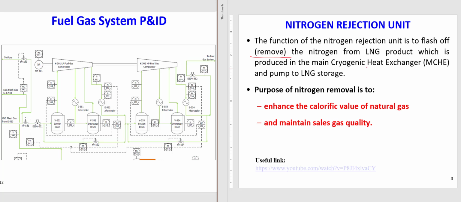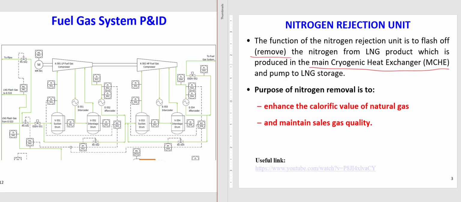So we have our LNG products coming from the main cryogenic heat exchanger. This unit, the nitrogen rejection unit, is located after the MCHE.